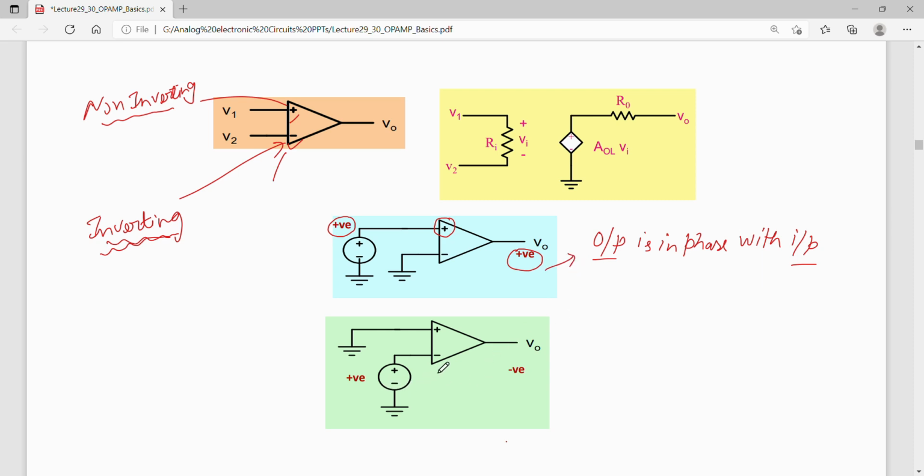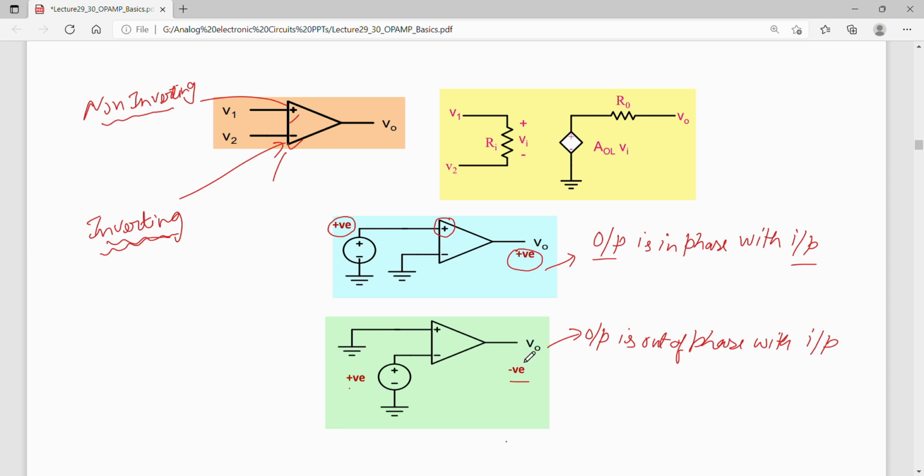Similarly, if I apply the input signal to the inverting terminal, a negative output here would mean that the output is out of phase with the input.